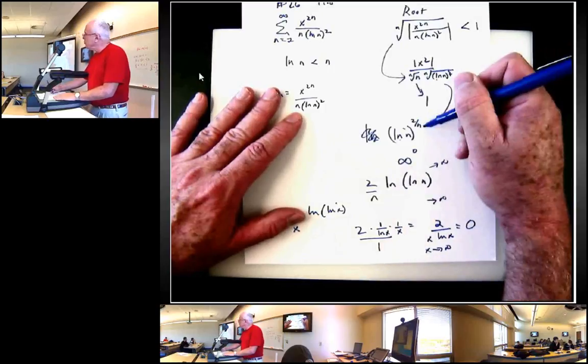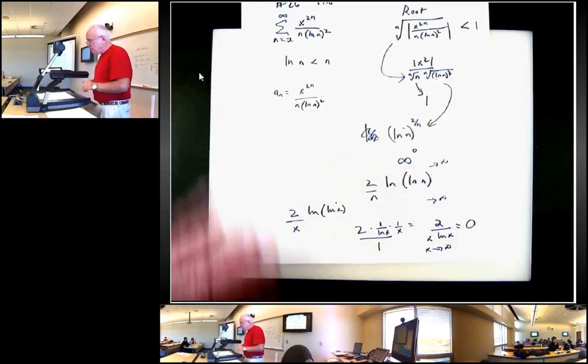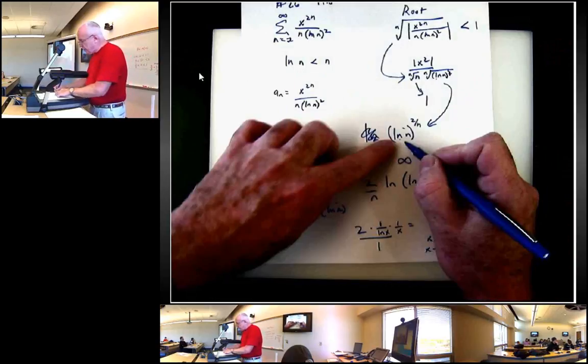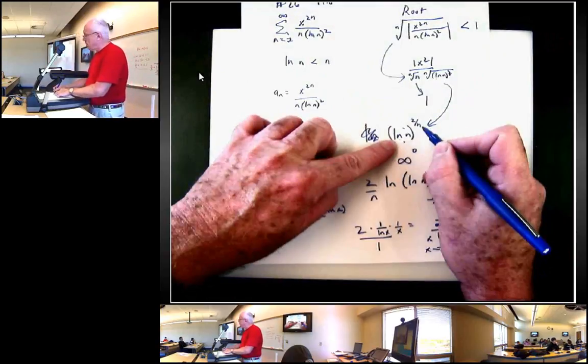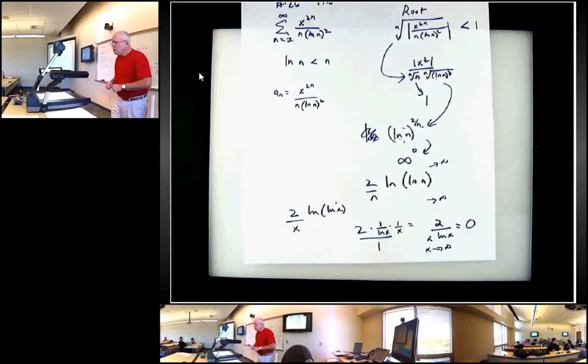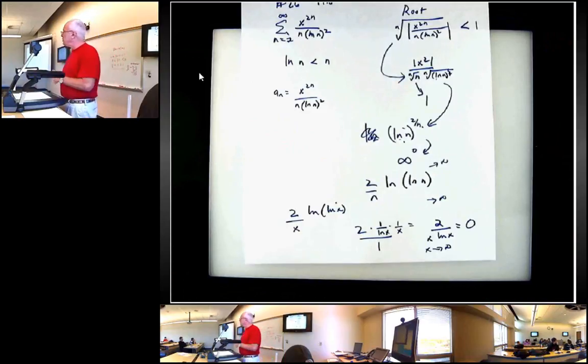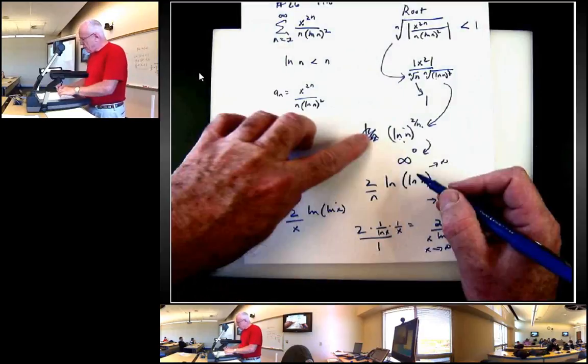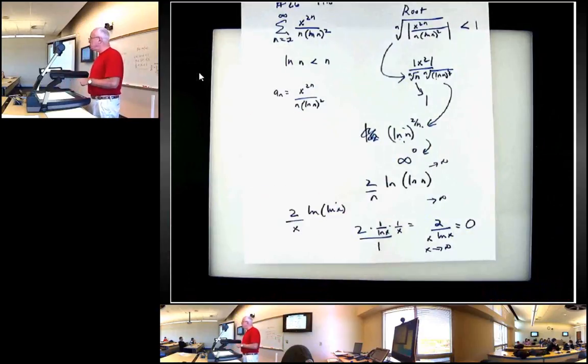Do you see that, Jordan? Yeah. Okay. And then this goes to infinity and this goes to 0. So it's what we call the infinity to 0 case. So you take the natural log of it to see what the natural log goes to. I want to try to use L'Hopital's rule.